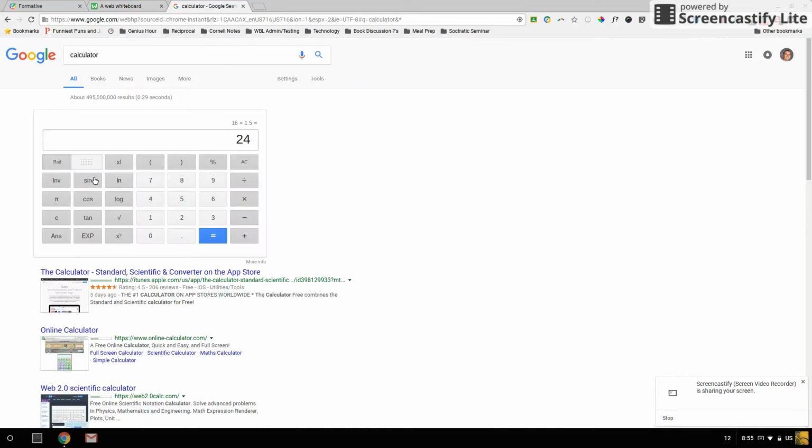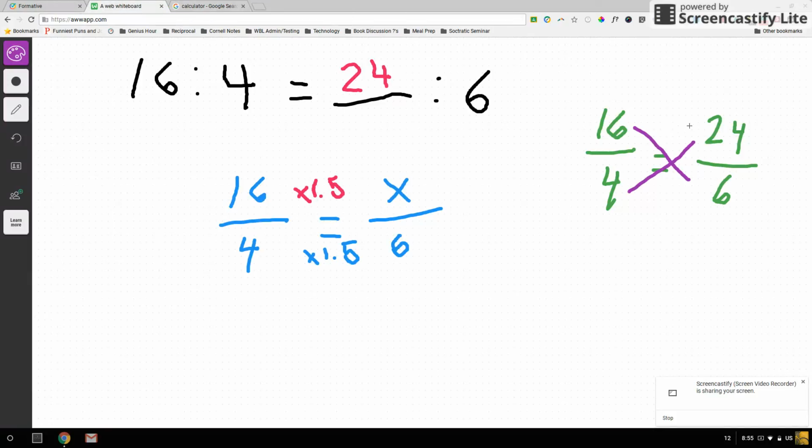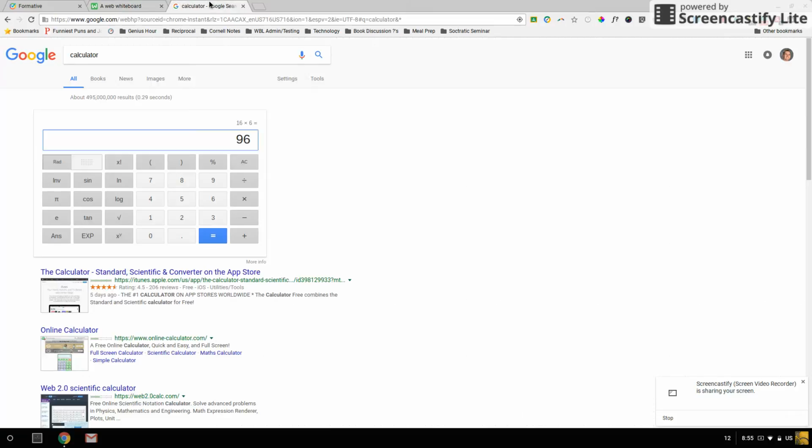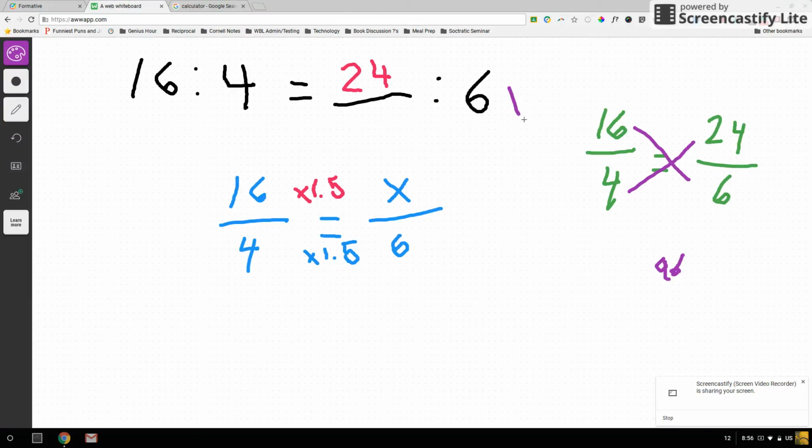Well, 16 times 6, let's go back over here. 16 times 6 gets me 96. So we've got to hope that 4 times 24 is 96, and then we have an equivalent ratio. So 4 times 24 equals 96. Boom. We've got some equivalent ratios. We've figured out that missing number.